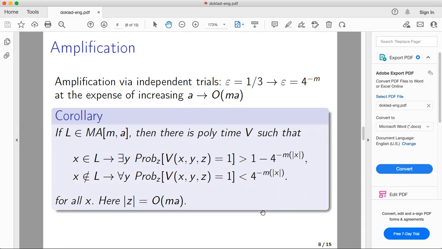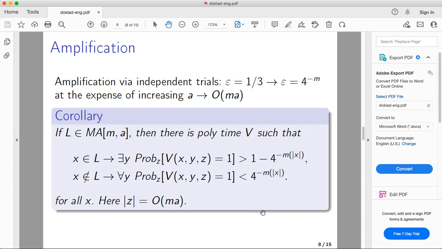And so to use this idea, we need to make the probability of error exponentially small. And this can be done using the standard amplification.